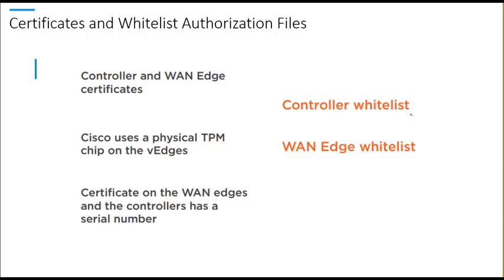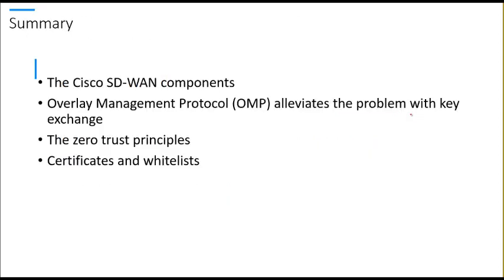So this is about the authentication and authorization of SD-WAN. See how securely each component in SD-WAN is identified and enrolled into the SD-WAN. What we have seen today is that the control plane takes responsibility of distributing the AES keys using OMP.